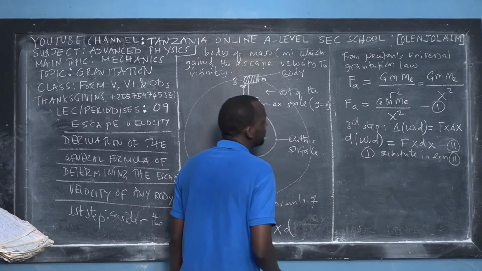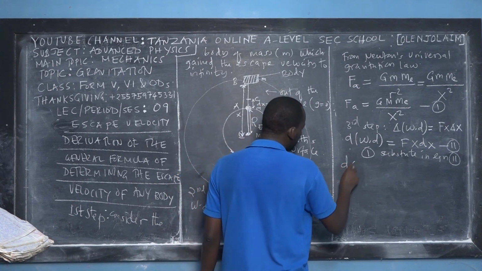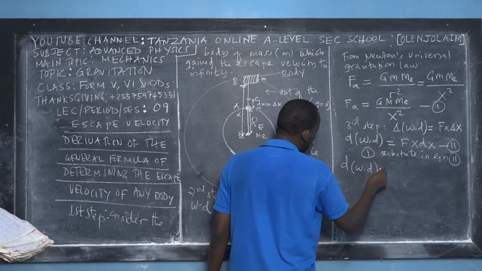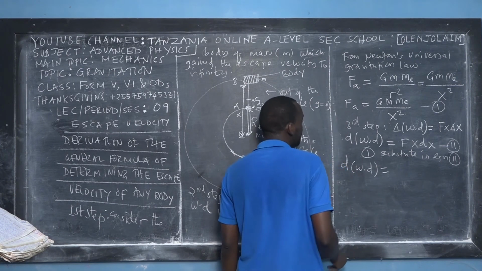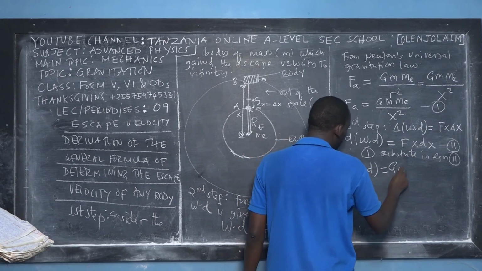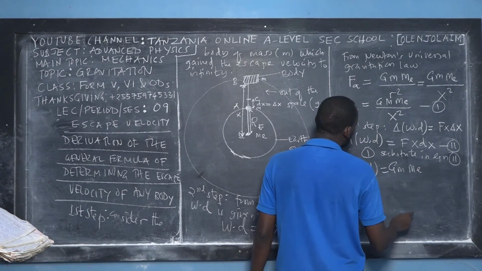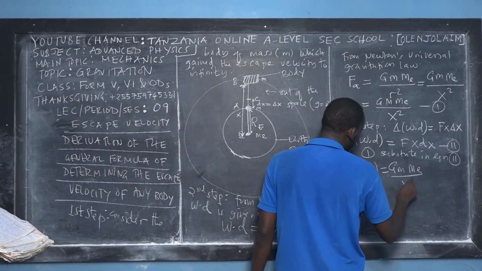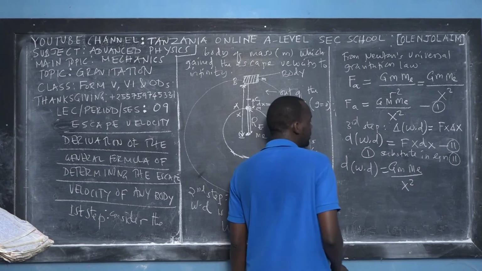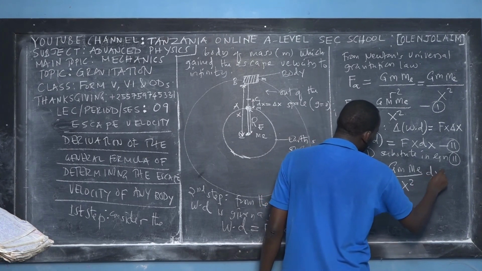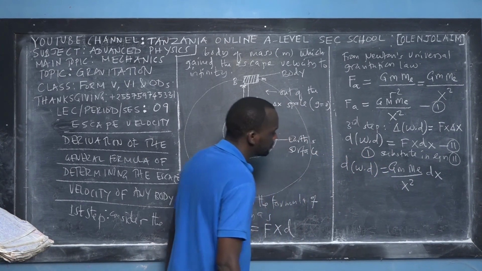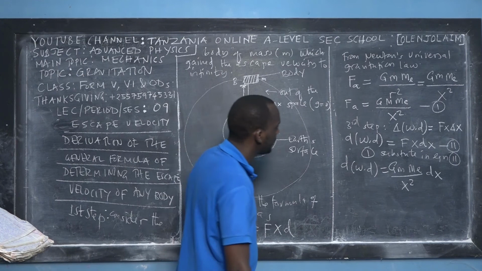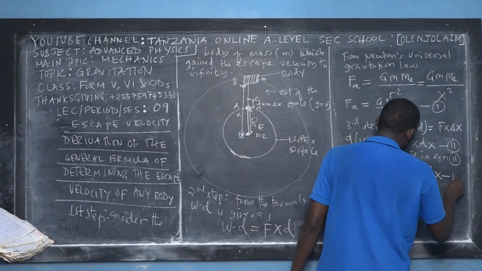What does it mean? The small change in work done is equal to the force, which is the gravitational constant times the mass of the body times the mass of the Earth over x squared, times dx. Great. So that is the same equation.